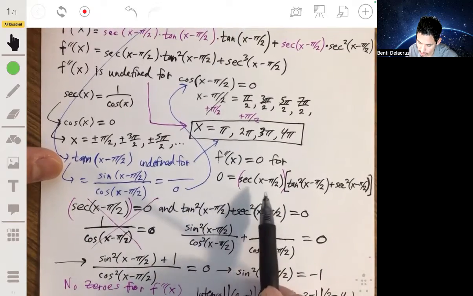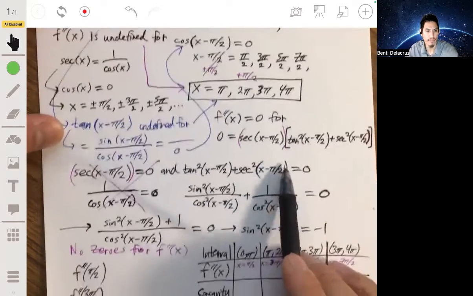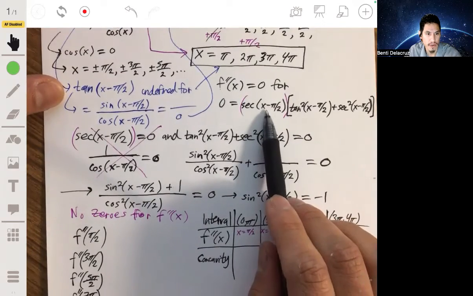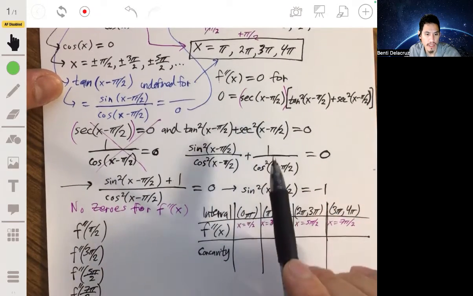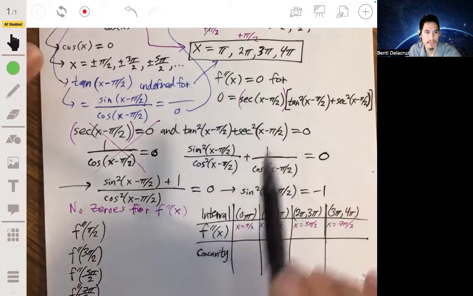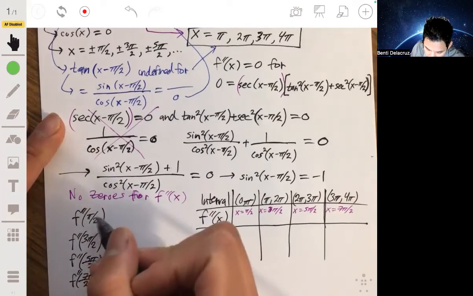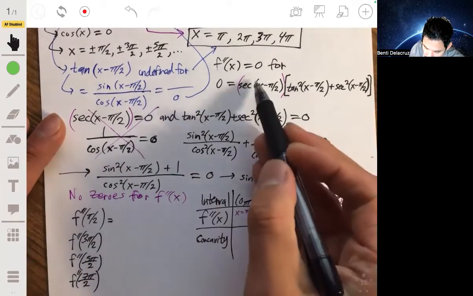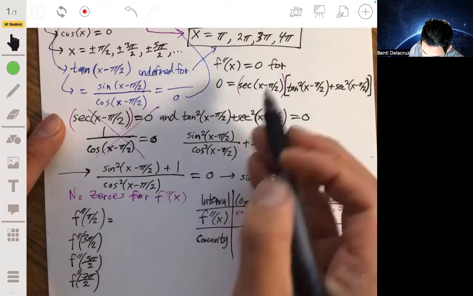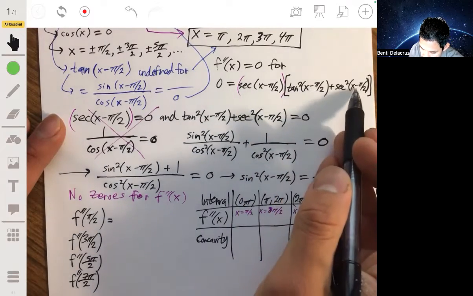And let's work with this one. It's probably easier to plug in values. So if I plug in pi over 2, hold up. Actually, yeah, of course it'll work. It'll just be 0. So if I plug in pi over 2, I'll have the secant of 0 times the tangent squared of 0 plus the secant squared of 0.